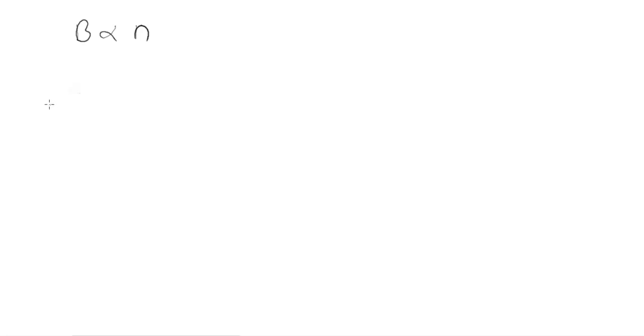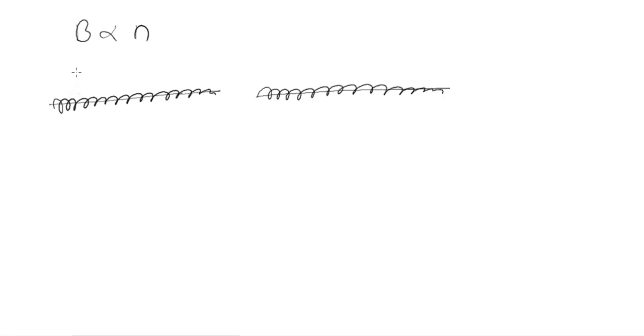Suppose there is a length of 1 centimeter. In 1 centimeter length, we have made 50 turns, and in the next 1 centimeter we have made 100 turns. So it will have 50 turns per centimeter and 100 turns per centimeter.